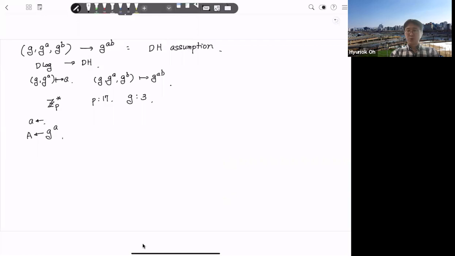So can you post your value? I'm not telling the exponent part. So maybe you can know that G to the something is 16, right? You can find it, but it takes a lot of time.